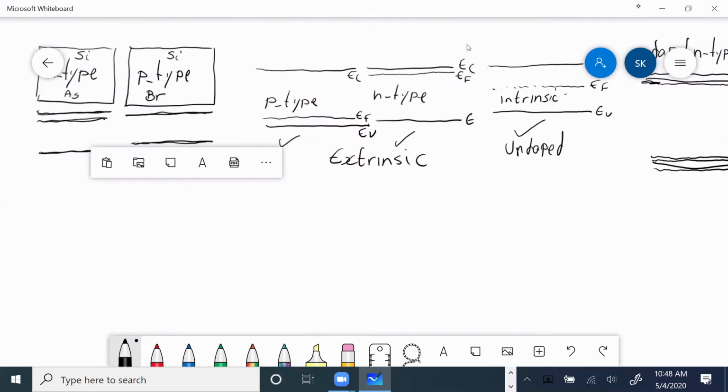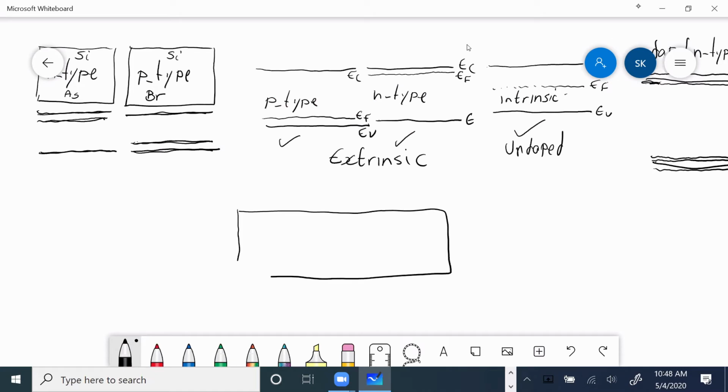Now, I can actually stick these two pieces of semiconductors together and see what happens. So N-type, P-type, and I stick them together.